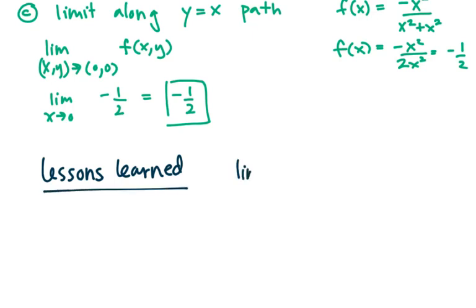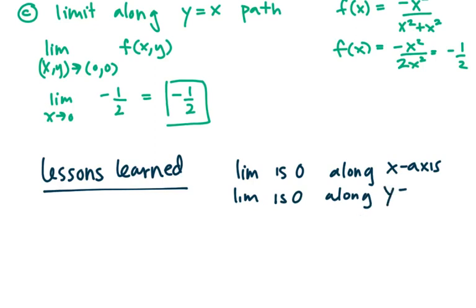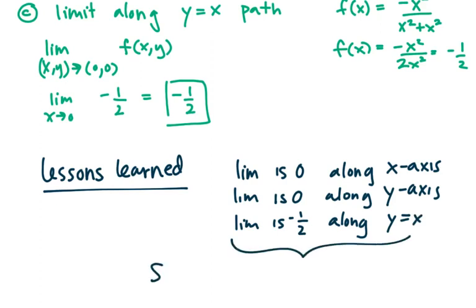So we have that the limit is 0 along the x-axis. We have that the limit is 0 along the y-axis, and that the limit is negative 1/2 along that line y equals x. So this suggests that the limit does not exist.